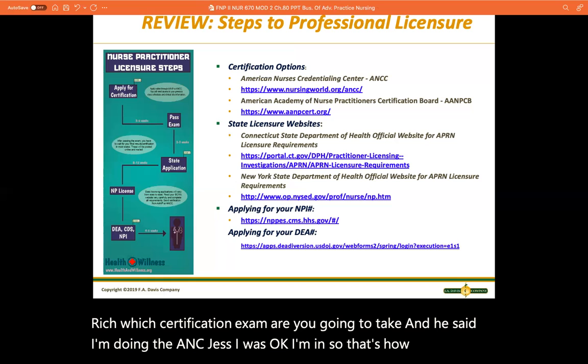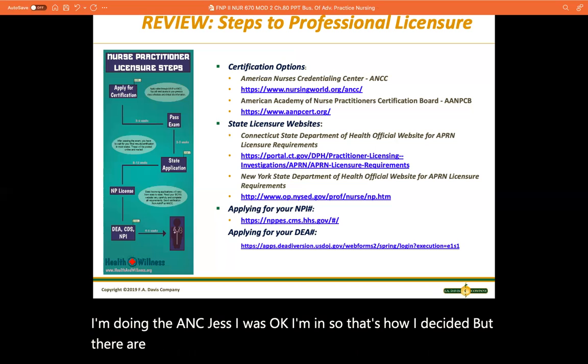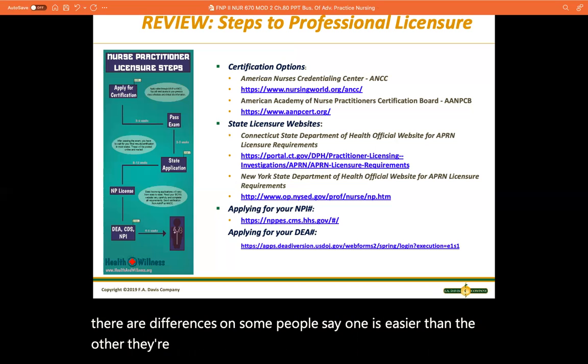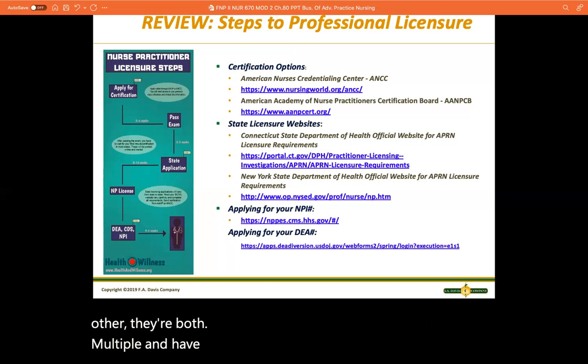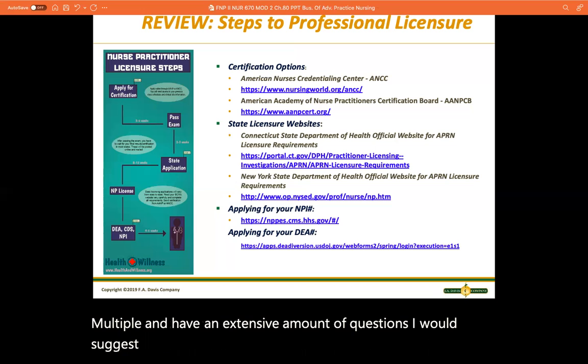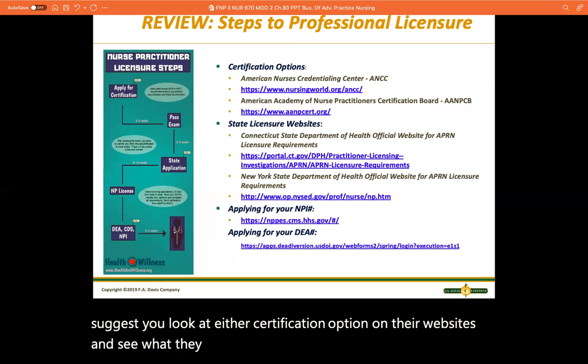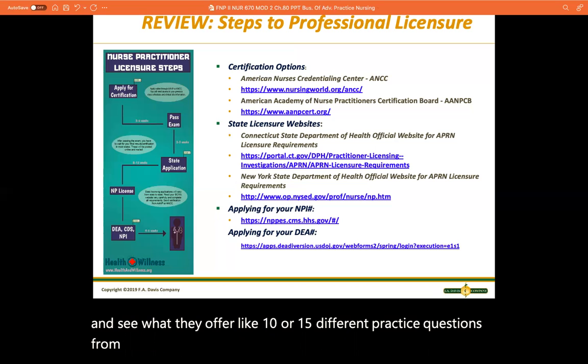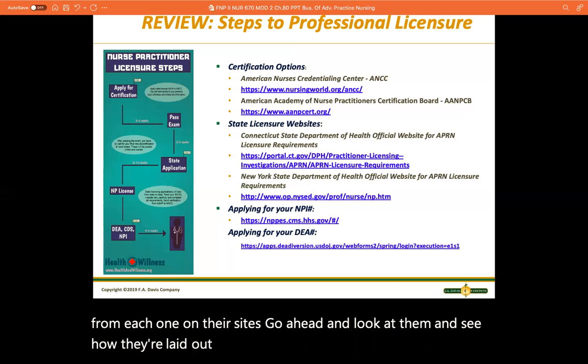But there are differences. Some people say one is easier than the other. They're both multiple choice and have an extensive number of questions. I would suggest you look at either certification option on their websites; they offer like 10 or 15 practice questions from each one. Go ahead and look at them and see how they're laid out differently and what you want to do.